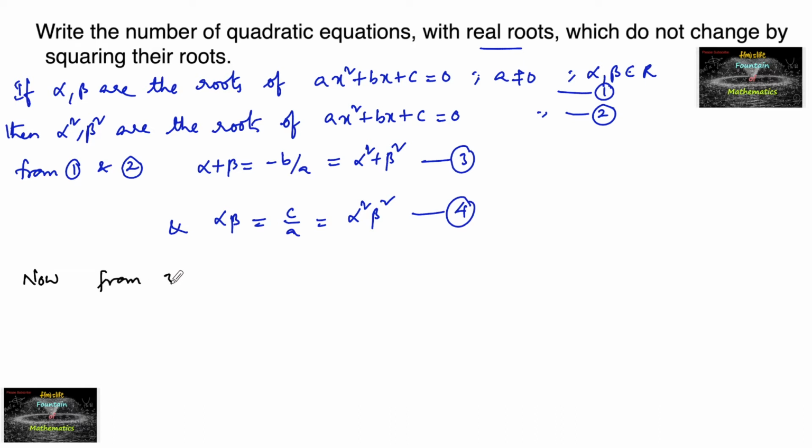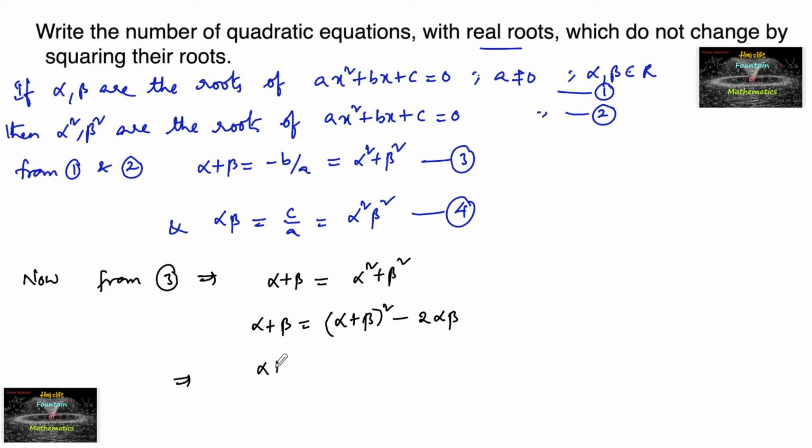from equation 3, we can write alpha plus beta is equal to alpha square plus beta square, which can also be written as alpha plus beta is equal to alpha plus beta whole square minus 2 times alpha beta, or we can also write this as alpha plus beta whole square minus alpha plus beta, which is equal to 2 times alpha beta, or we can take out common alpha plus beta.